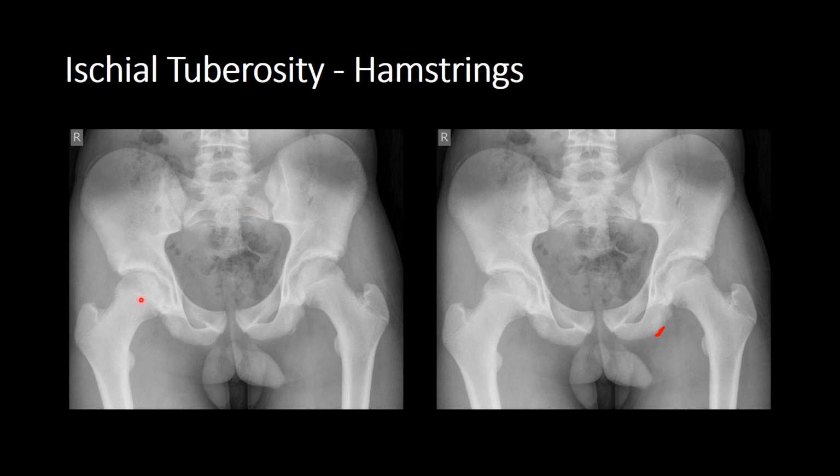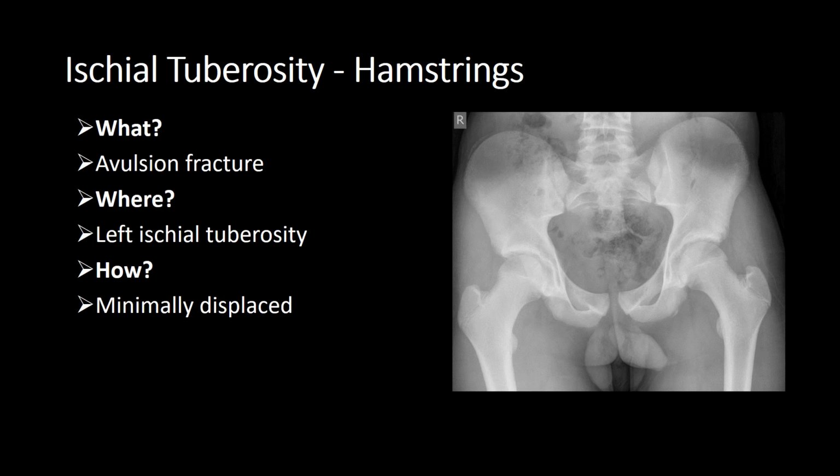Don't forget to look at your acetabulum, and of course the surrounding bilateral femurs. So what is it? It's an avulsion fracture where it's the left ischial tuberosity, how minimally displaced.